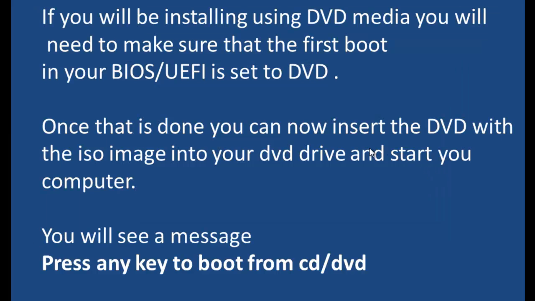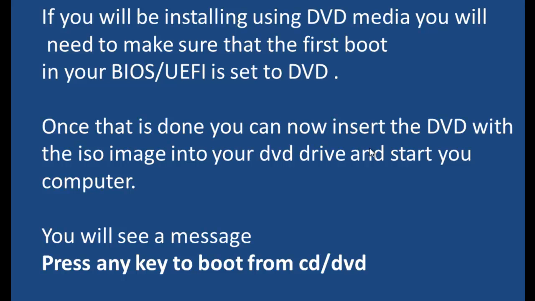If you will be installing that software using a DVD media, one of the things that you really need to make sure is that the system you're installing the operating system on is set to boot from the DVD drive.